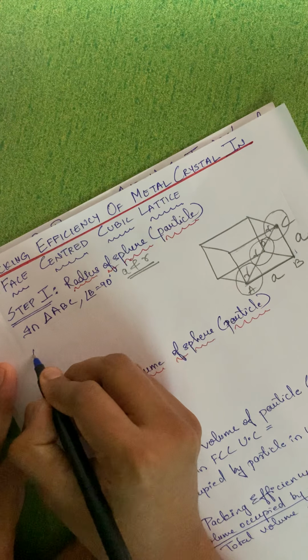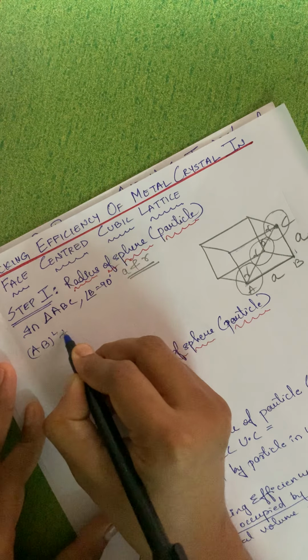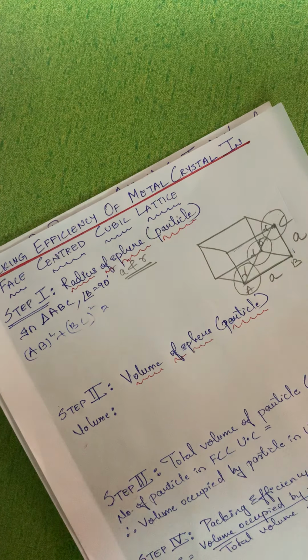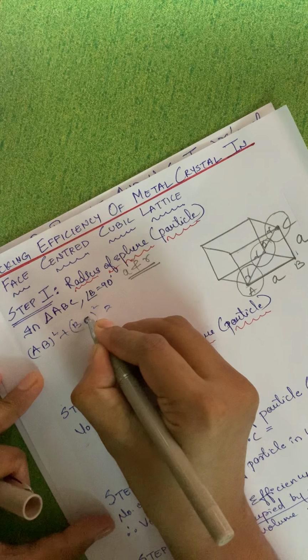So I can say AB square plus BC square is equal to AC square.